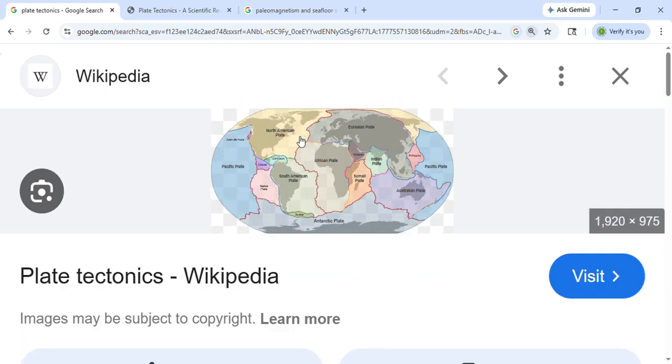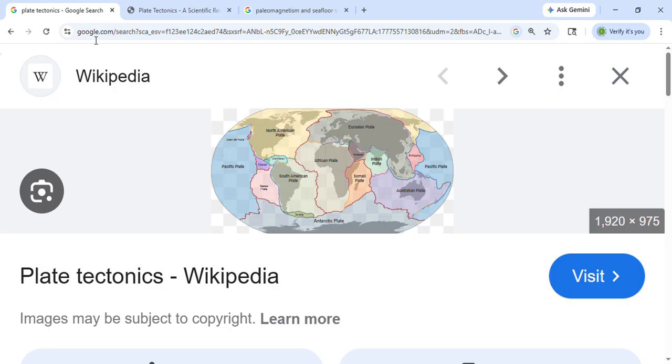Okay. So a tectonic plate, also called a lithospheric plate, is a massive and irregularly shaped slab of solid rock composed of both continental and oceanic lithosphere.